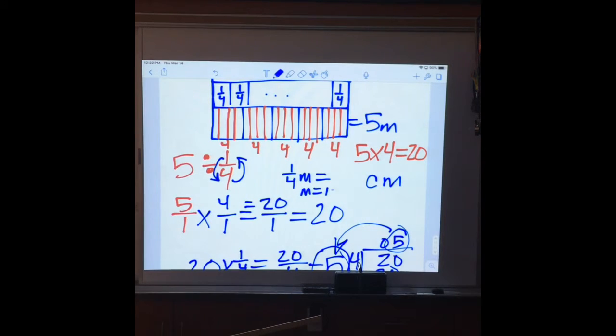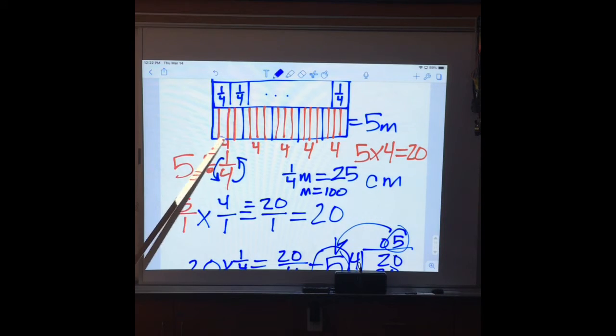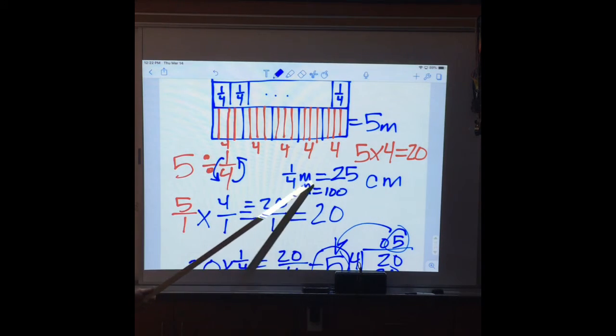A meter is 100 centimeters, is that correct? And what's 1/4 of 100? You guys know this. It's the same as 1/4, 25. So each one of these is going to be 25 centimeters, right? And we could figure out whatever we needed to if we put 25 in each one of these boxes. It'd be easy to do. So 25 centimeters is 1/4 of a meter.